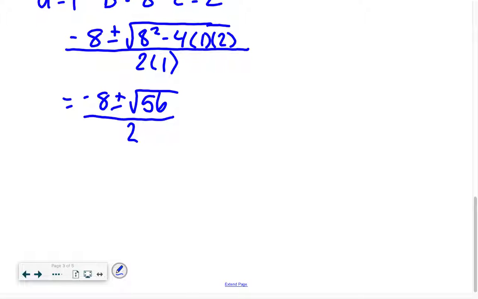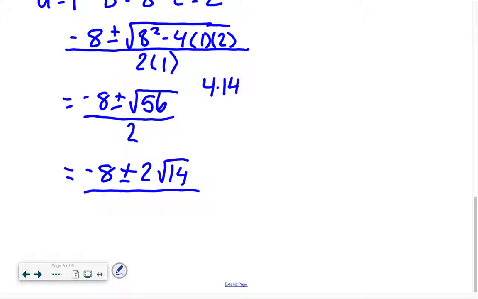Can I simplify the square root of 56? 4 and 14. So 56 is 4 times 14. When I pull out the 4, do I leave it as a 4? No, what does it become? 2, good. So I have 2 square roots of 14 over 2.